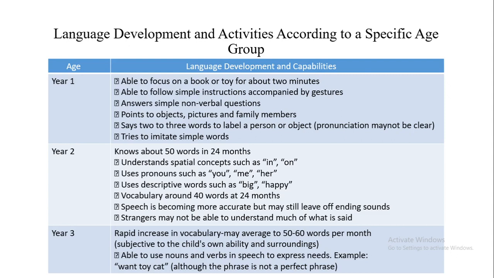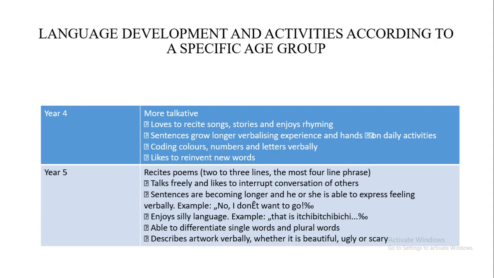When we talk about language development activities according to a specific age group, we can see the language development and capabilities at the ages of 1, 2, 3, 4, and 5.